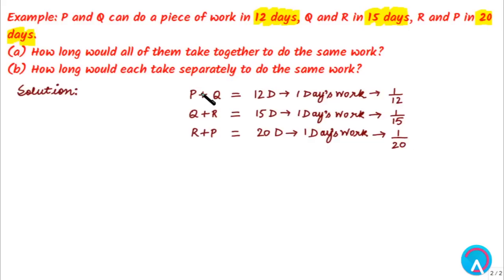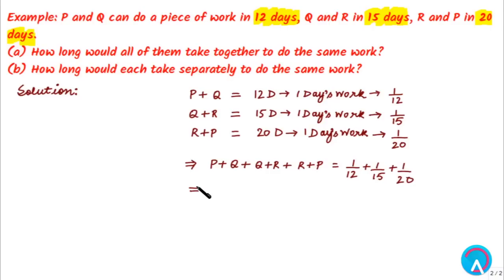And if we add these three, on adding these three, we will have P plus Q plus Q plus R plus R plus P is equal to 1 by 12 plus 1 by 15 plus 1 by 20.